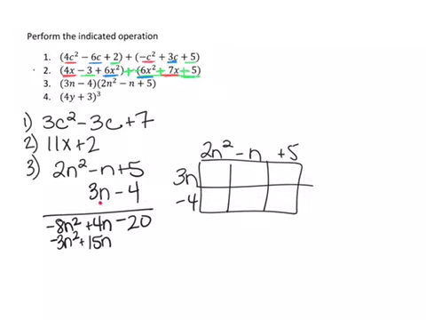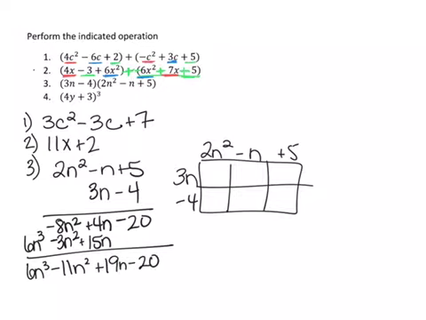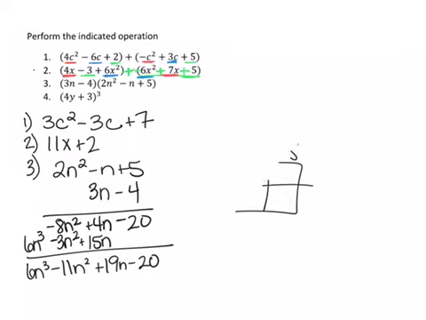And then lastly, 3n times 2n squared gives me a 6n cubed. And now I'll line up and add up my like terms: 6n cubed minus 11n squared plus 19n minus 20. And you'd get the same thing if you did it with the box over here. And I'll let you do your own way.